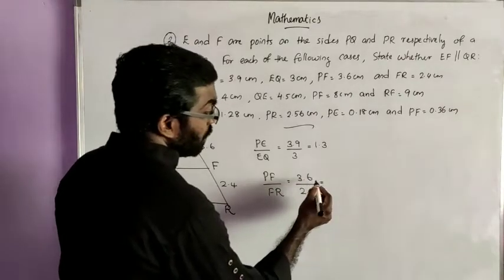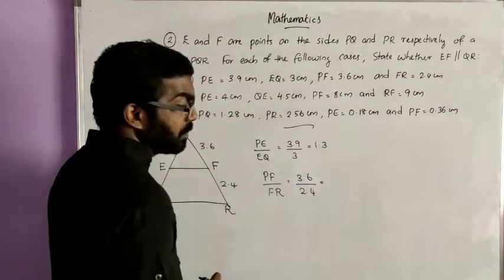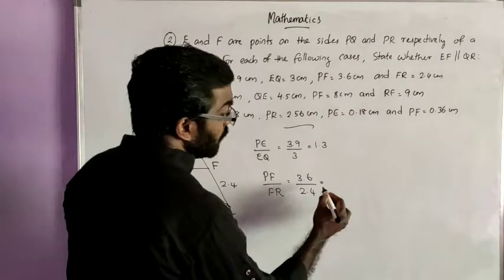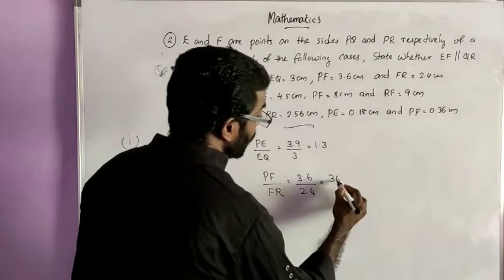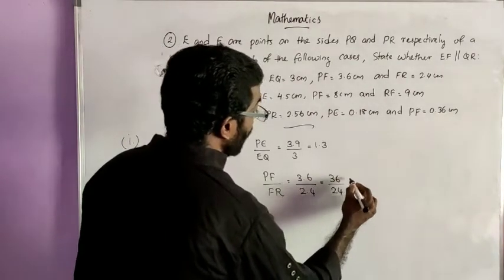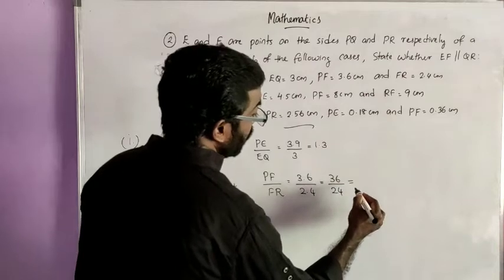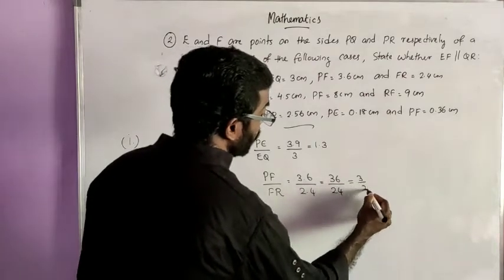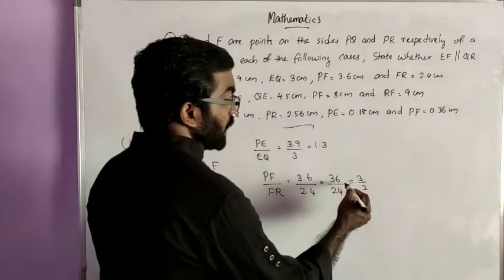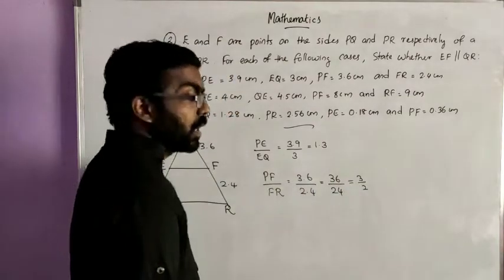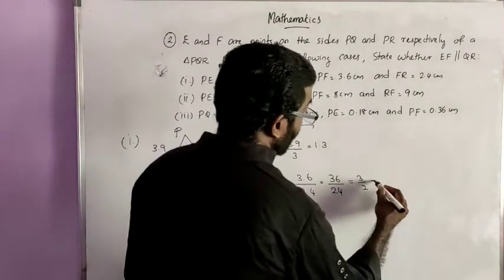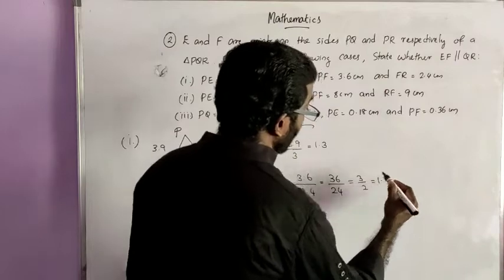Here we can multiply both numerator and denominator by 10 in order to remove the decimal sign. So 36 by 24, and that will be equal to 3 by 2. We can cancel both numerator and denominator by 12. So 3 by 2 is equal to 1.5.